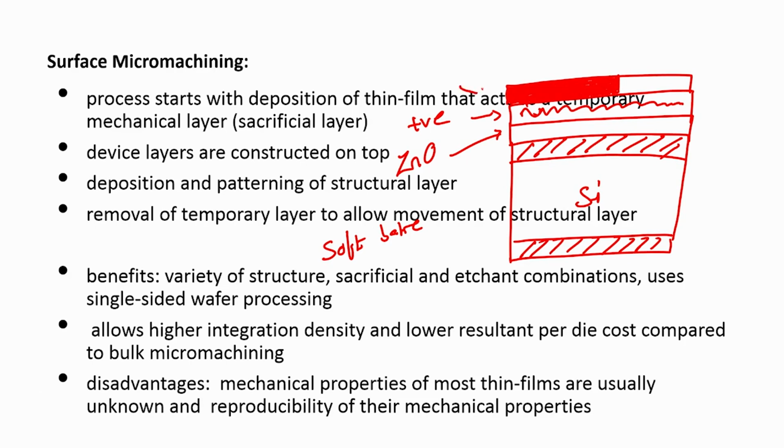Okay. After loading the bright field mask, the next step is UV exposure. After UV exposure, the next step is photoresist developer. When I develop my photoresist, then what will I have?